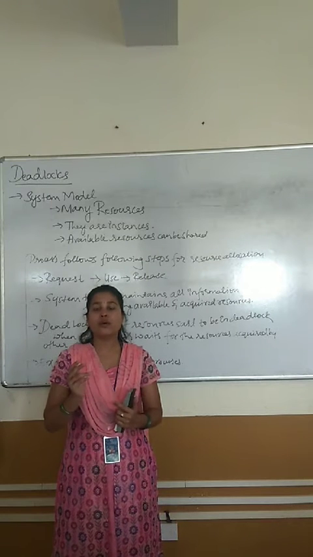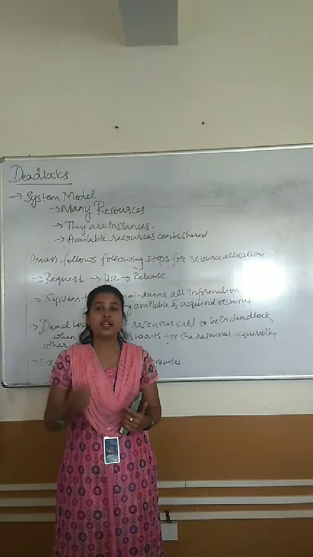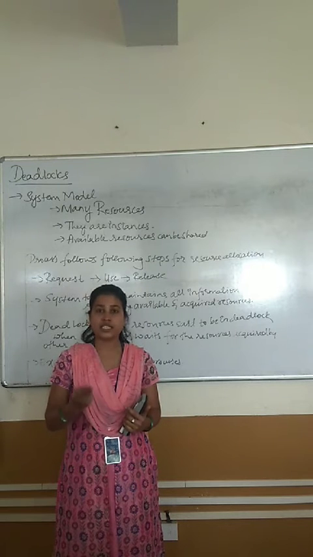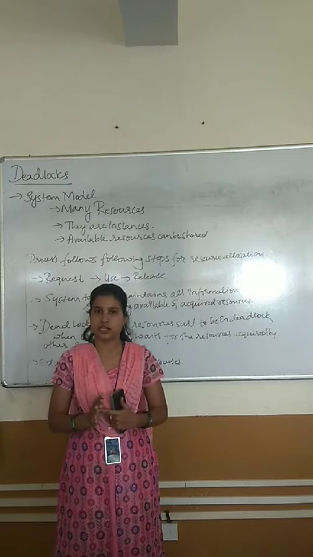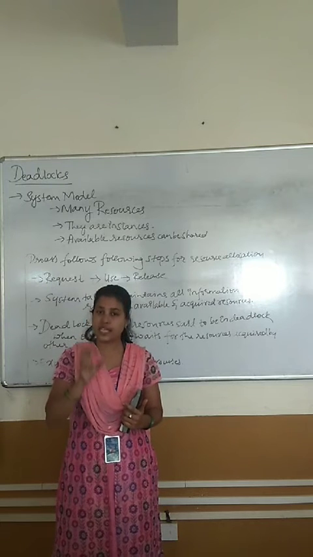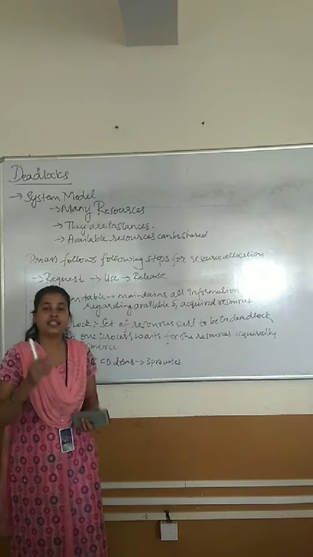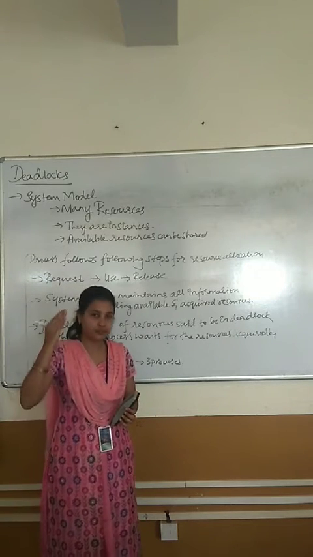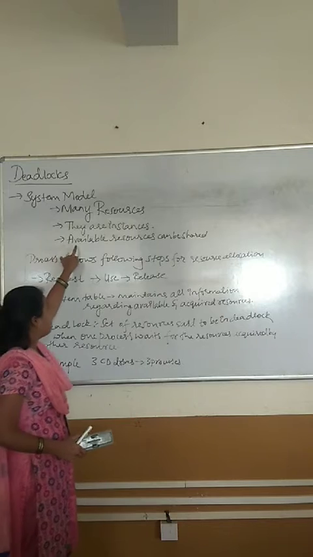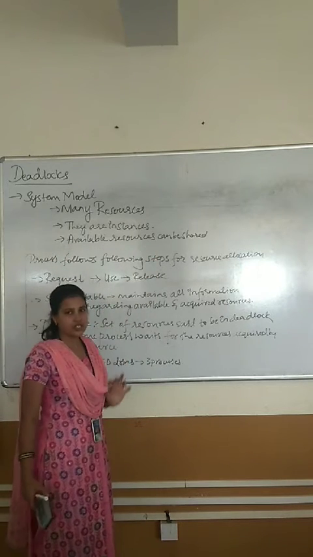If it is a multiprocessor with 3 processors, it is said that there are 3 instances of the processor. These instances will be given to the processes, so the available resources present with the system can be shared.